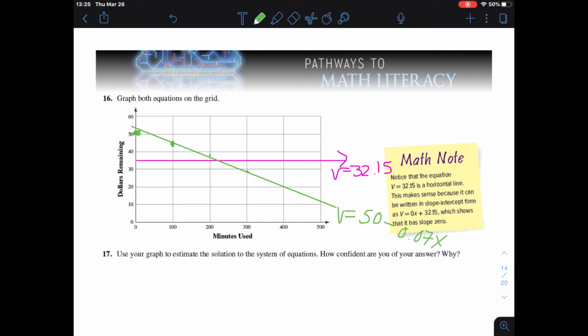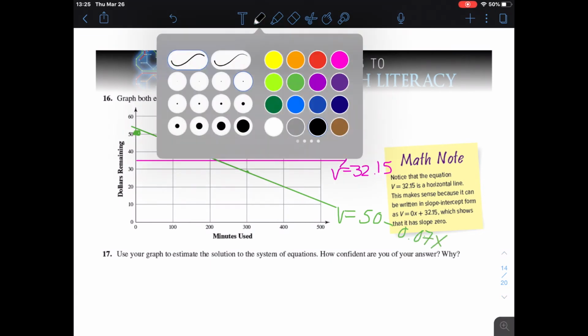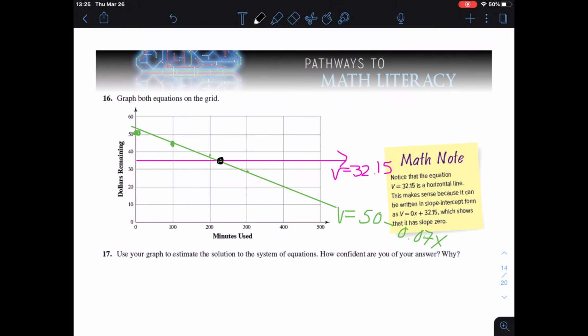0.07x. From the graph, which isn't going to be perfect, it looks like they're intersecting around here. So maybe about 220 minutes and $32.15 is the solution, but it's not exact.